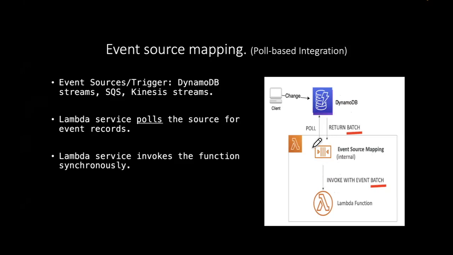But the difference is that in this case, the Lambda service is asking the other service, have any events occurred since I last polled you? Okay, so that's just an example of the third integration model. We will see asynchronous and event sourcing later on in the module, but not for quite a while actually.